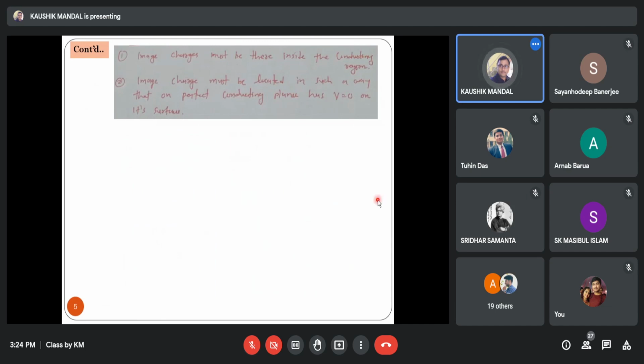In the next stage, we will discuss what will be the total number of images if we consider more than one ground plane.